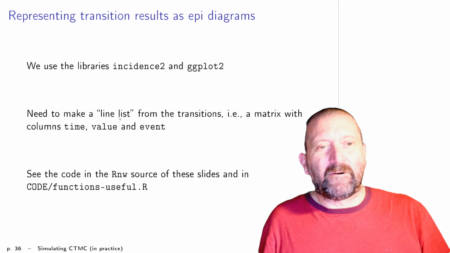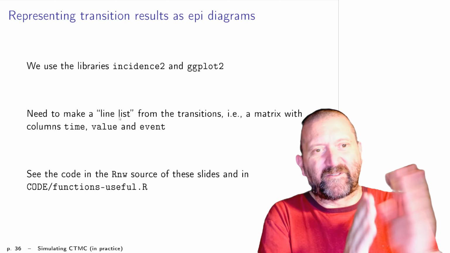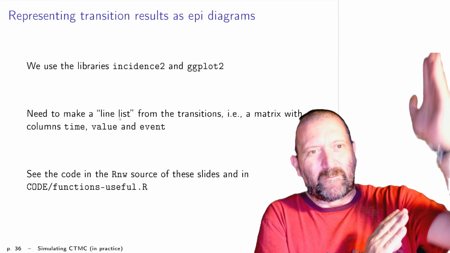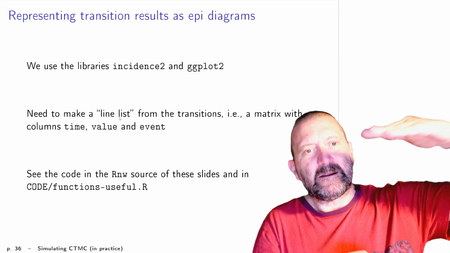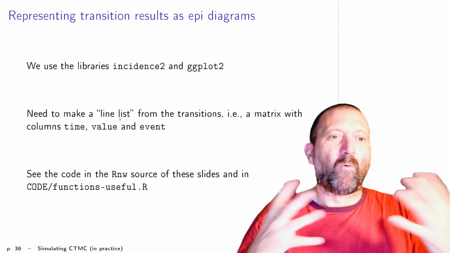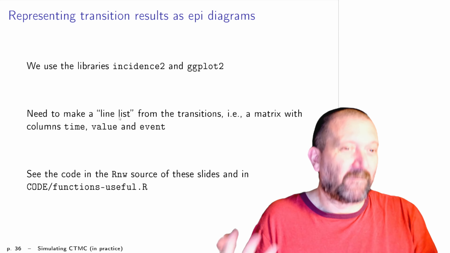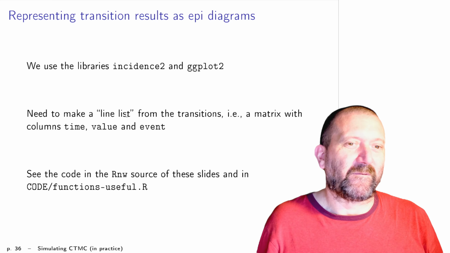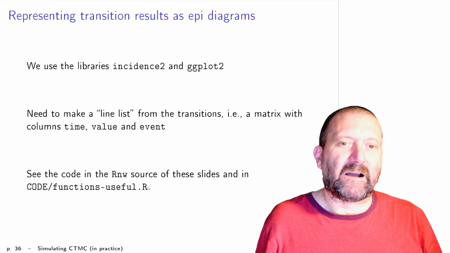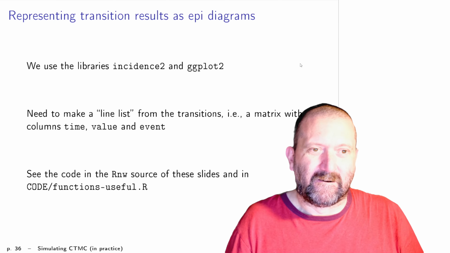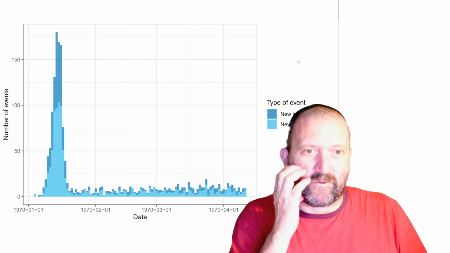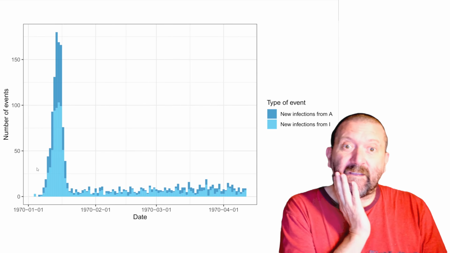Instead of having several columns defining, for example, the time and the event, what you want is each line in your matrix to have one event, and an indication of what type of event it is. I have functions there that you can look at that do that. And when you do this, you get this type of plot.